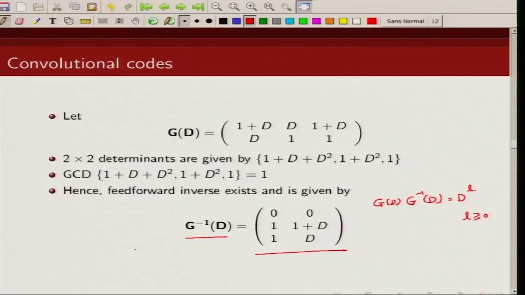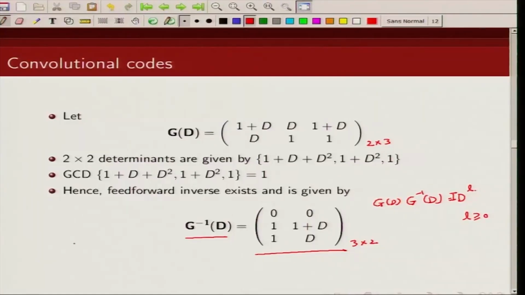this quickly. Let us see, this will be 1 plus D, 1, 0, and then this will be D, 1 plus D. So, this is 2 cross 3, and this will be a 3 cross 2 matrix. So, what we will get is a 2 cross 2 matrix, and so this will be some D to the power L times the 2 cross 2 identity matrix. So, let us just work it out.